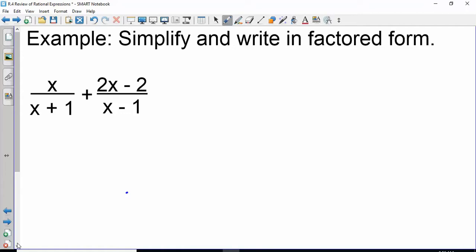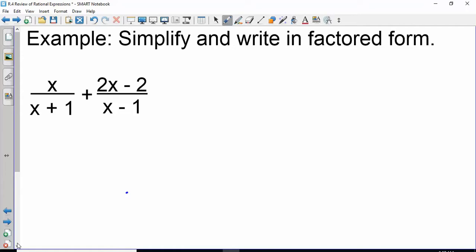x over x plus 1 plus 2x minus 2 over x minus 1. I don't have a common denominator. Can I just multiply this one by a negative 1 and get the common denominator?